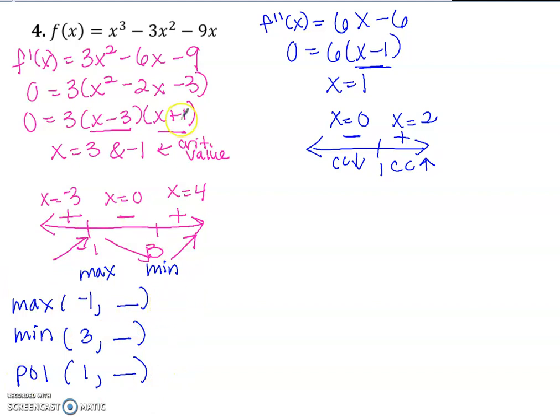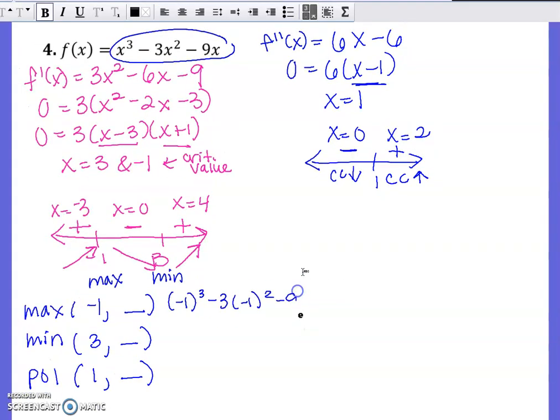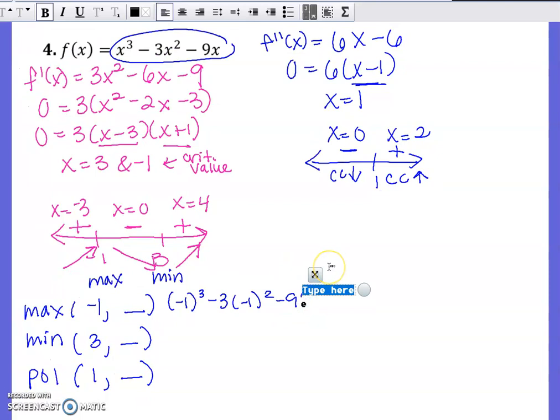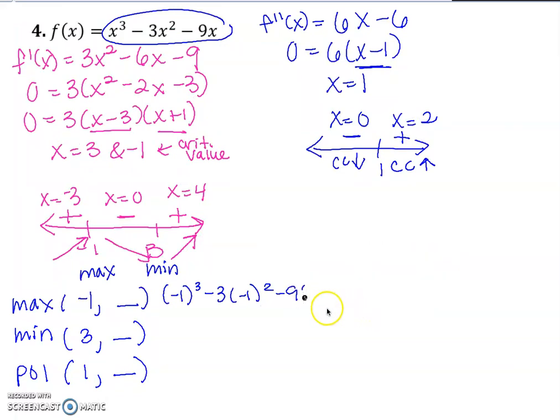Okay, so these are the points I'm going to graph. I go back to my original function and I plug in these x values. First, plug in -1. Sorry about that.